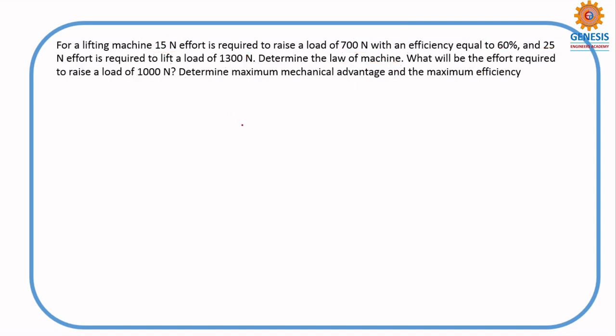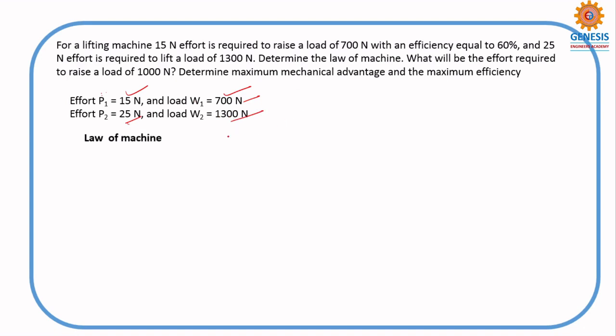So in the first case, I have taken 15 newtons as effort, and the load I have raised is 700 newtons. If I apply this one, the load will be this one. So there are two things.